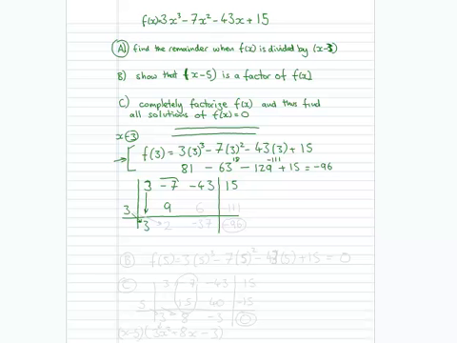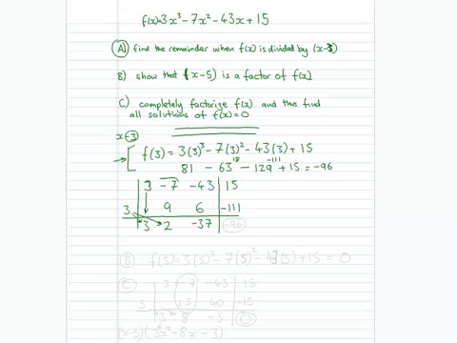Minus 7 plus 9 gives us 2. Again, multiply by the 3 to give us 6. And totaling the column, minus 43 plus 6 gives us minus 37. Multiplying by 3, a little bit easier this time, is minus 111.